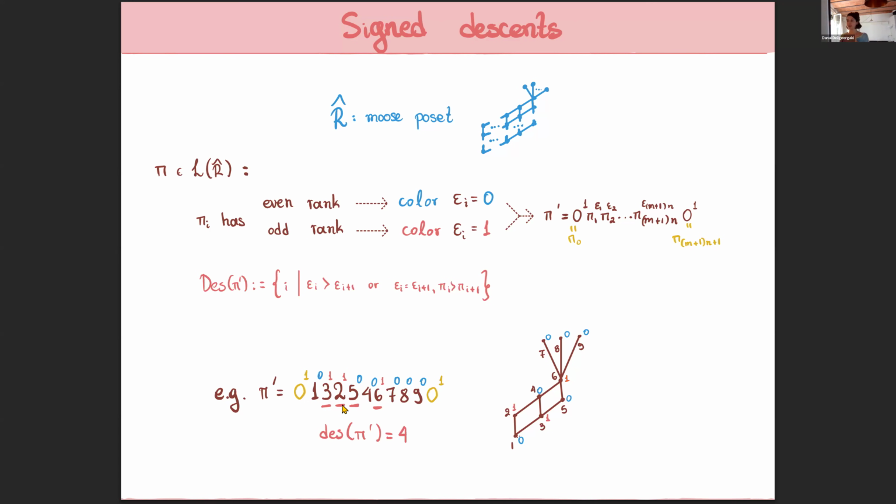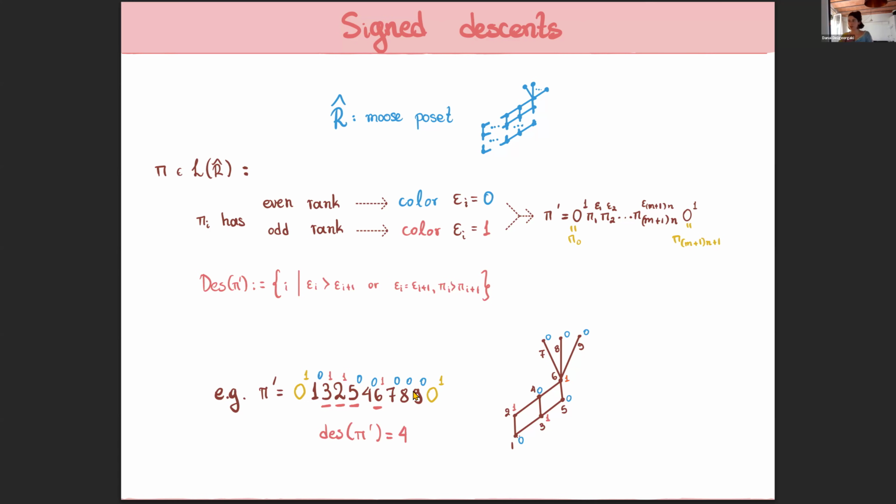For example, here I go from a 2 with color 1 to 5 with color 0, and that's a drop in terms of colors. So that's another descent. And that's all. Then I have 5 with color 0, followed by 4 with color 0, so it's going to be a descent, and so on. In particular, that permutation has exactly 4 descents.